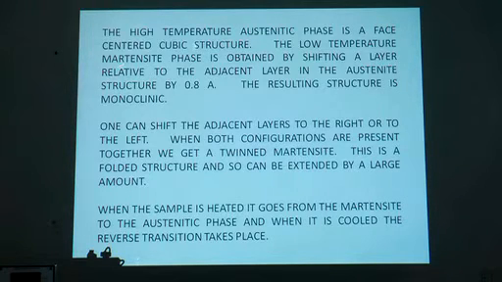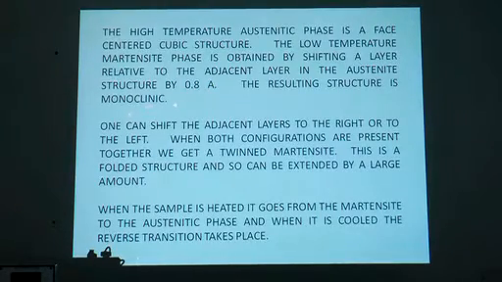I repeat, the high temperature austenitic phase is a face-centered cubic structure. The low temperature phase is obtained by shifting adjacent layers in the austenite structure by 0.08 angstroms. The resulting structure is monoclinic.